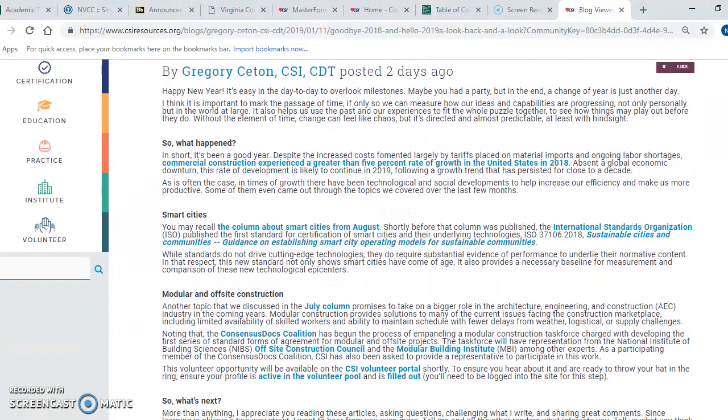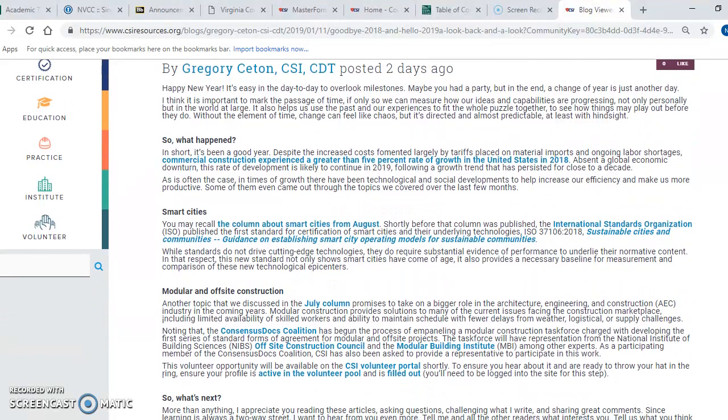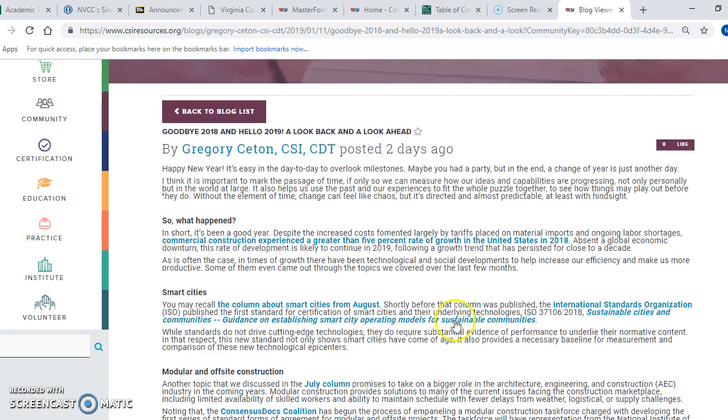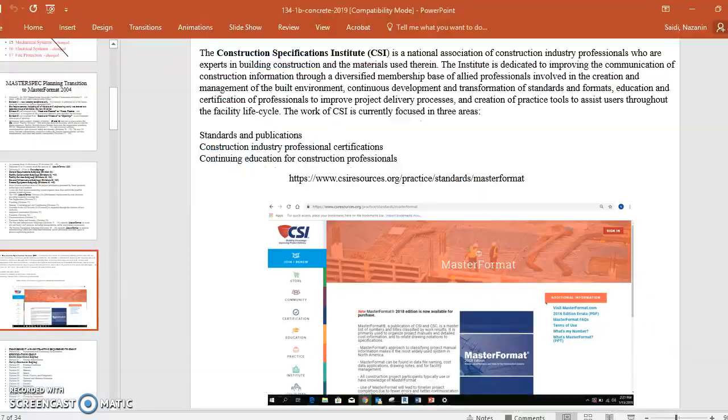It talks about modular buildings and various ways that you can do that. So please stay on top of it by going to these sites from time to time and reading the blogs, and stay updated. I'm going to go back to my PowerPoint presentation with respect to the divisions.